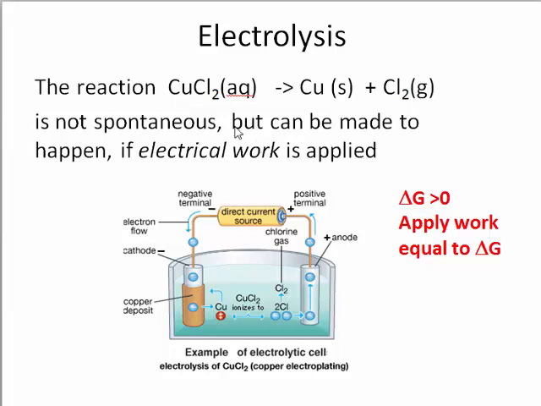However, this reaction can be made to happen if electrical work is applied. In general, it can be shown that if delta G is greater than 0 for a process, you can make it happen within the system by applying work equal to delta G. Likewise, we'll see that if delta G is negative, delta G can be used to provide work.